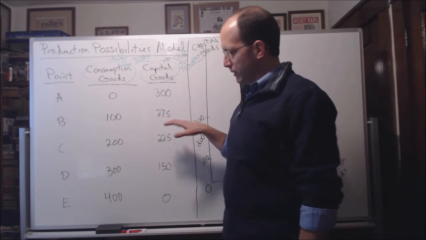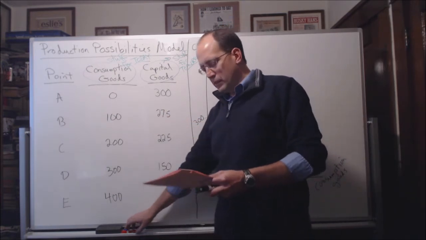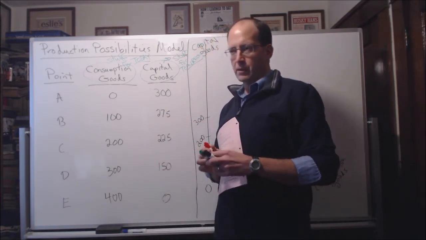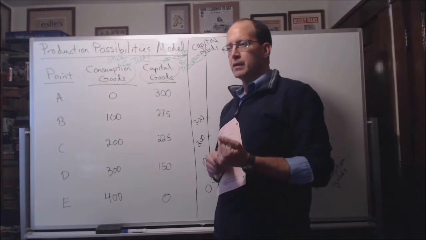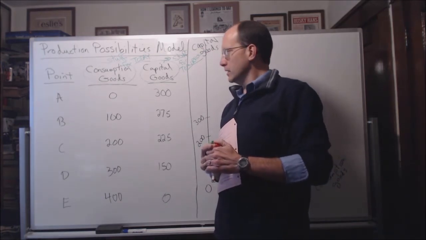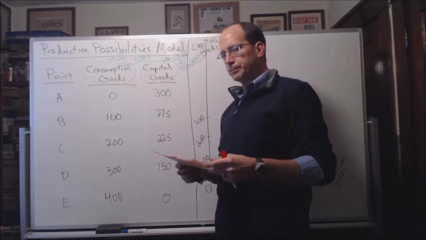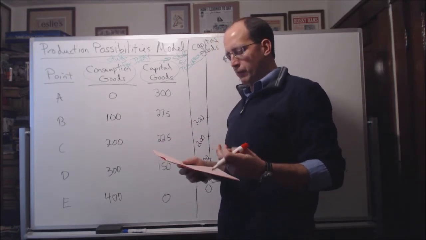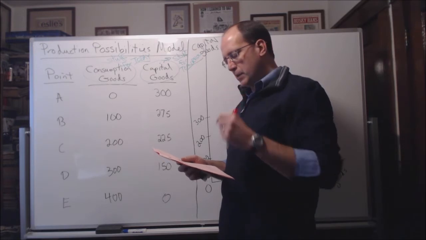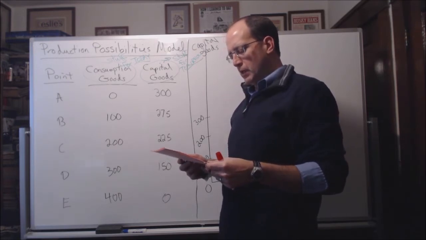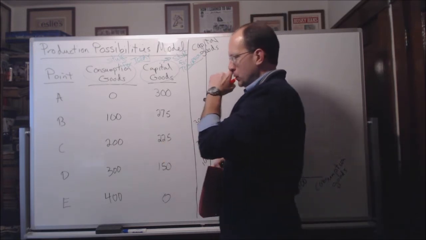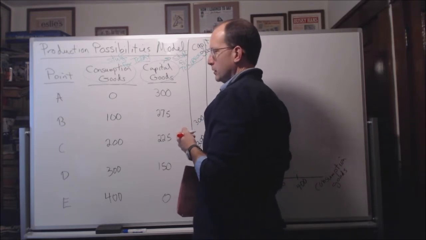So let's look at that data, and I have a series of questions that I want to ask you. They're underneath your graph there. And the first question says, look at this and answer my question of what is the opportunity cost? What does this nation sacrifice if they move from combination A to combination B and they produce 100 more units of consumption goods?